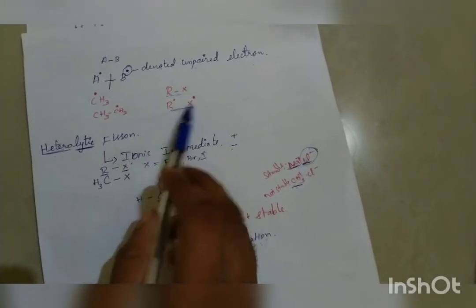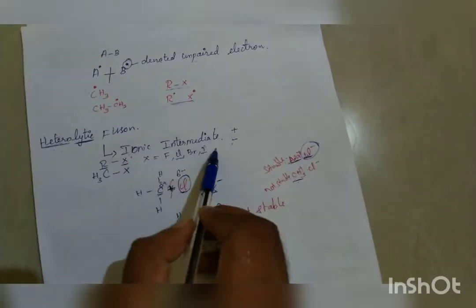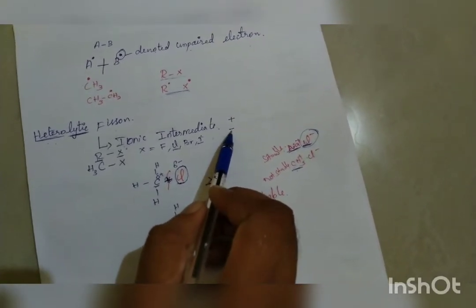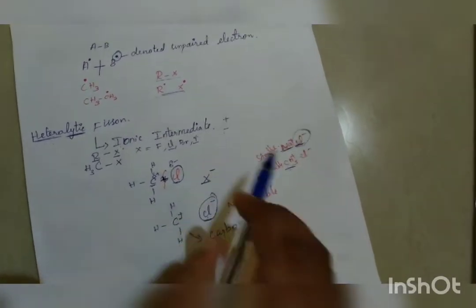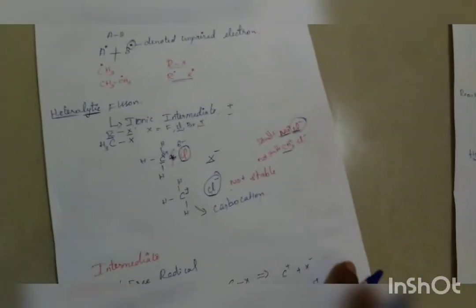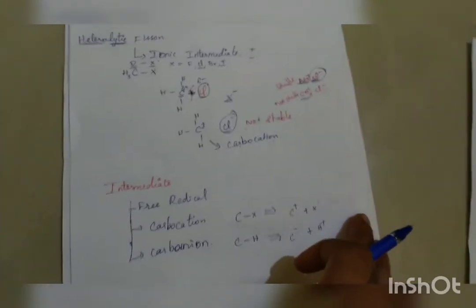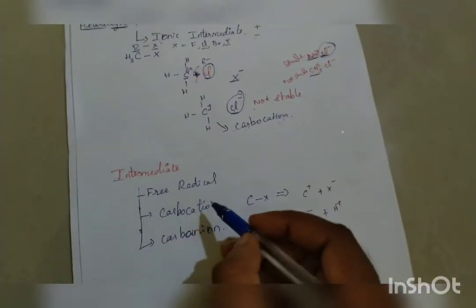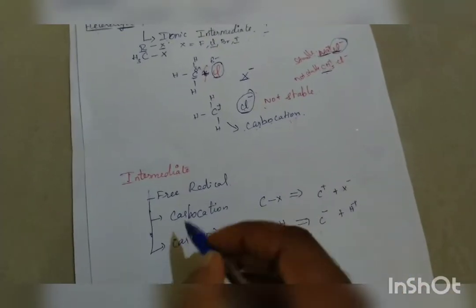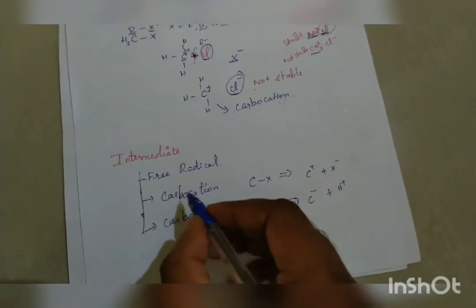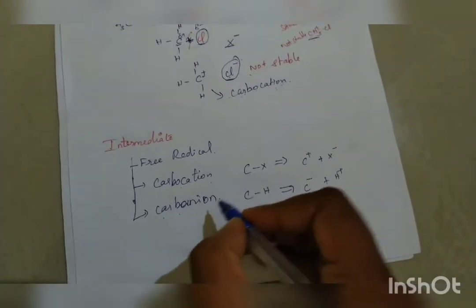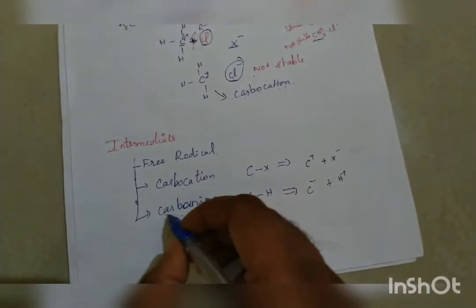Here the radical, but here cation and anion. Now it is heterolytic fission. Now I would like to see the intermediates. Free radical is one intermediate, another is the carbocation, and the third one is the carbanion. What is meant by the carbanion?